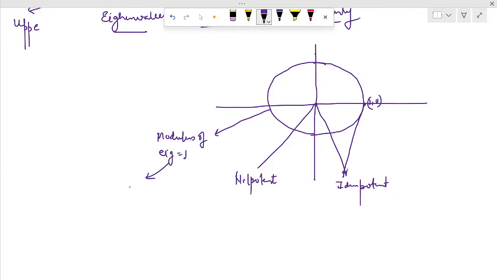Either they are orthogonal or they are unitary. If the matrix is Hermitian, then always remember that the eigenvalues will be real, whether it is symmetric or Hermitian.